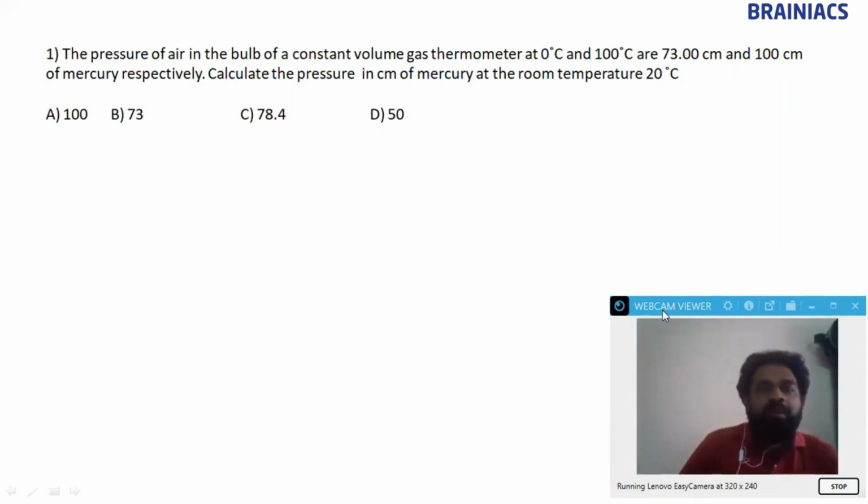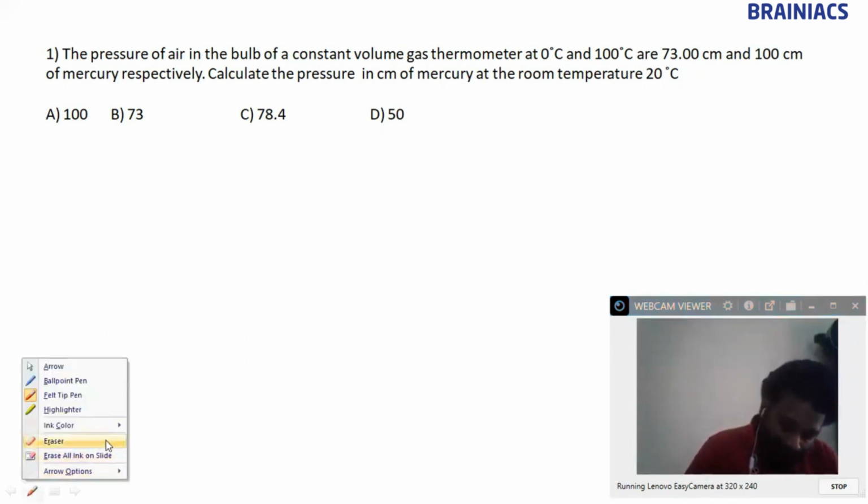So pressure of air in the bulb. Bulb means that thermometer glass. This is a constant volume gas thermometer, and the pressure is what varies here. The pressures at 0 degree Celsius and 100 degree Celsius are given. Now we need to calculate the pressure at 20 degrees Celsius.